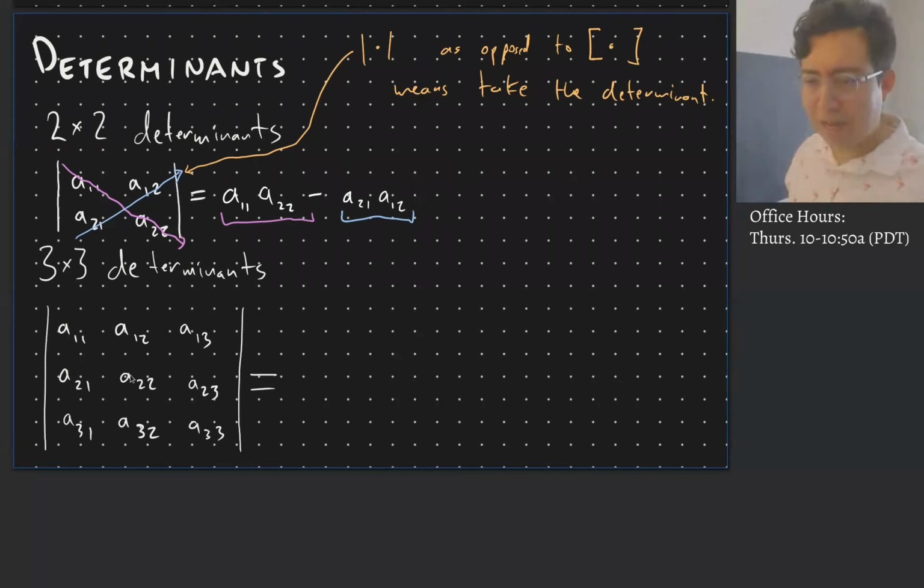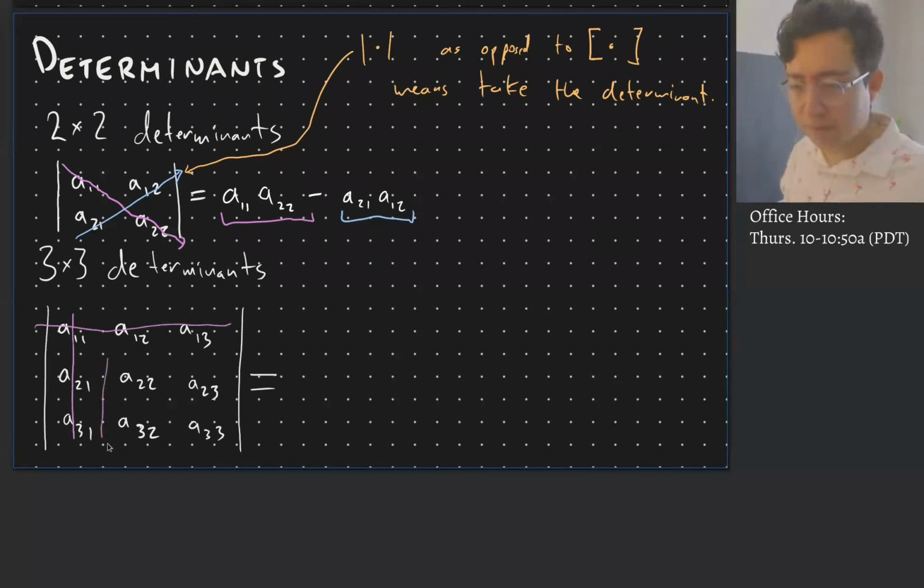What you can picture happening is we're going to fix the first row, and we're going to take it one column at a time. What we're going to do is say, ignore this column and ignore this row, and we're going to look at this determinant right here.